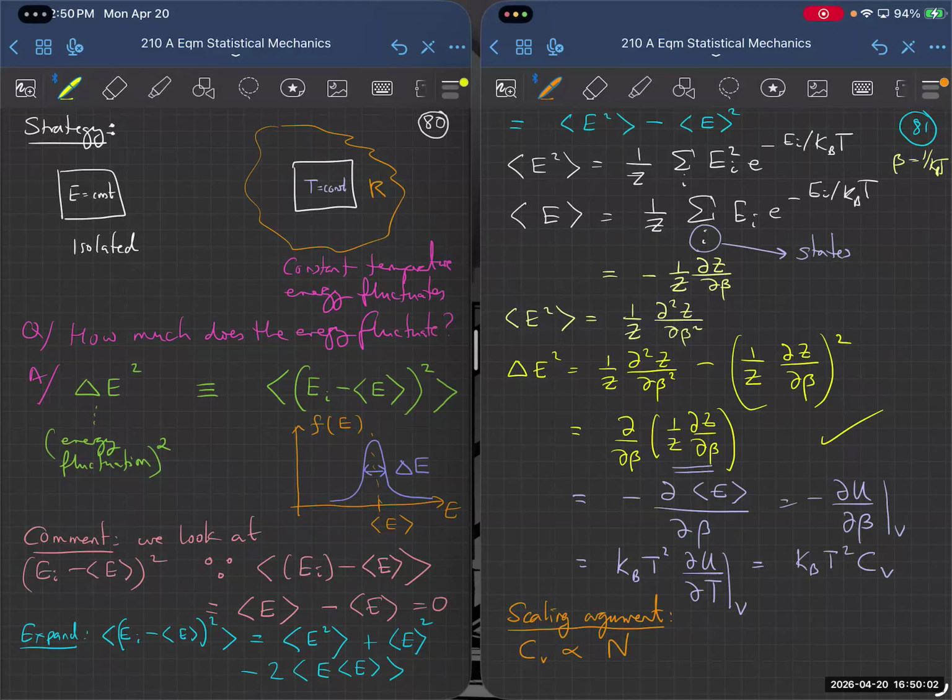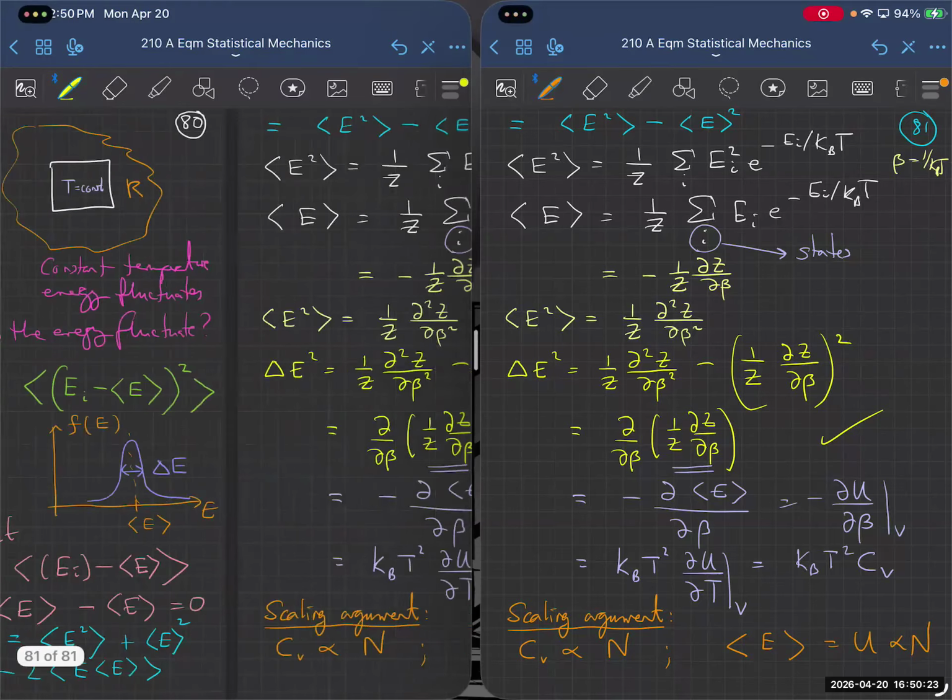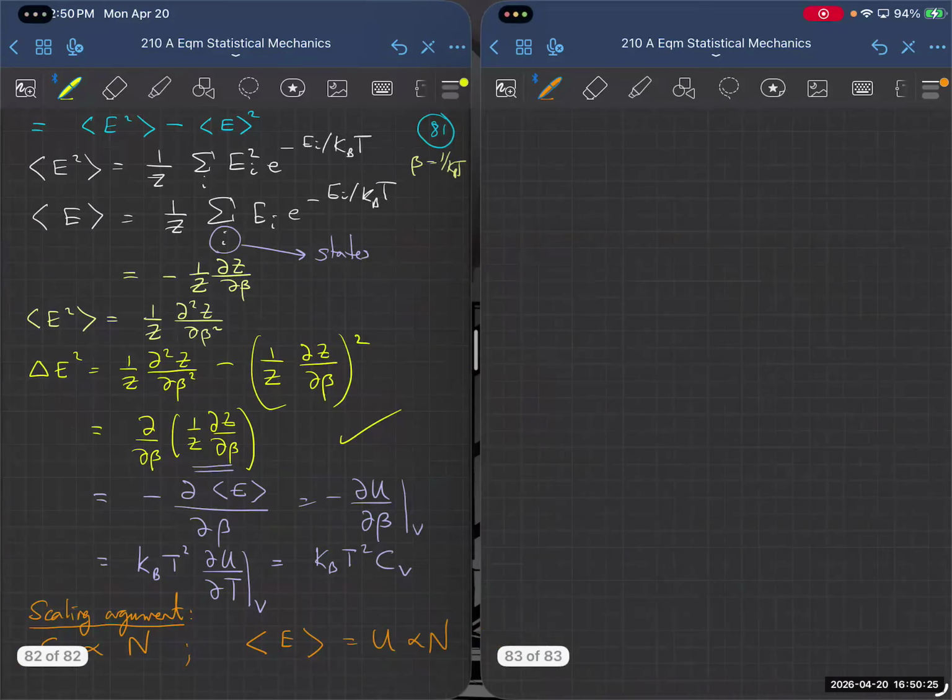We also know that the internal energy U is also an extensive variable, proportional to N. Okay? So now we've found a very surprising and interesting result.